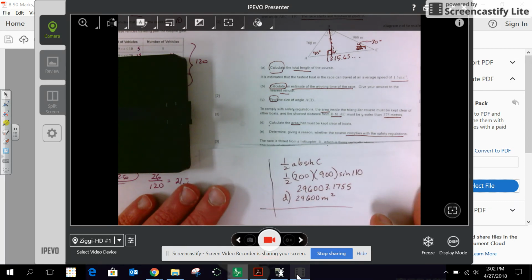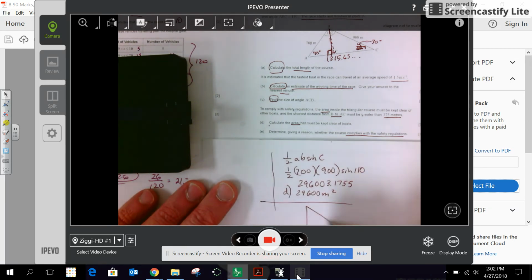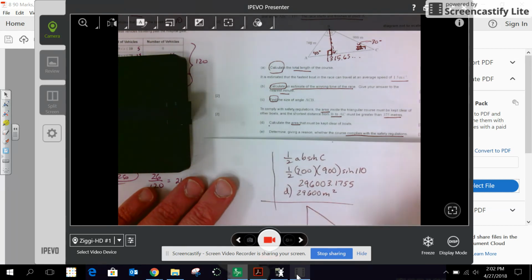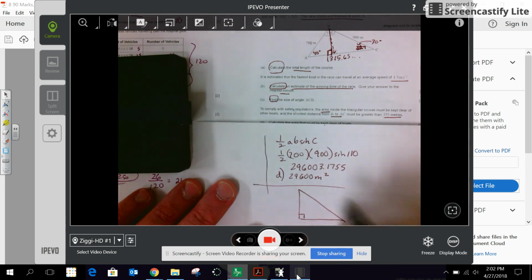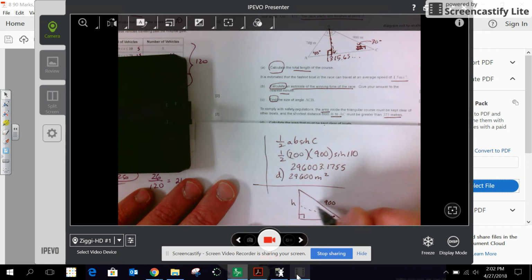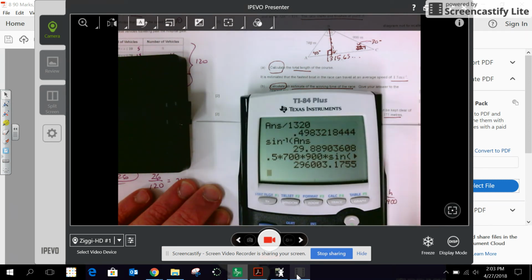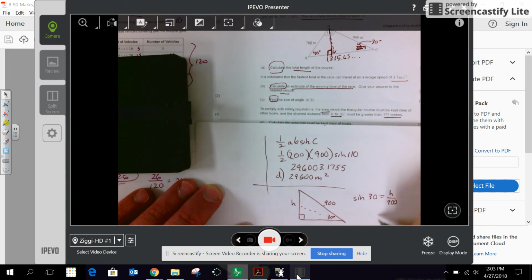Okay, part E, does it comply with safety regulations? I would draw this triangle on my working, and this is 30, or 29.9 if you use that. This is 900. I need to find this. Opposite over hypotenuse. Sine of 30 equals h over 900. So to solve, 900 times sine of 30, it's going to be 450.